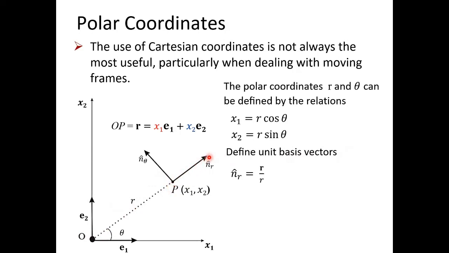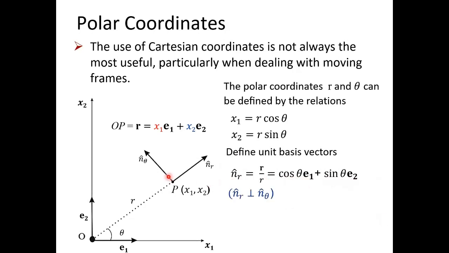That is exactly the direction of this vector r. I want to make it a unit vector, therefore I divide the vector by its magnitude r. So the vector representation of this n hat r is cos theta e1 plus sin theta e2.